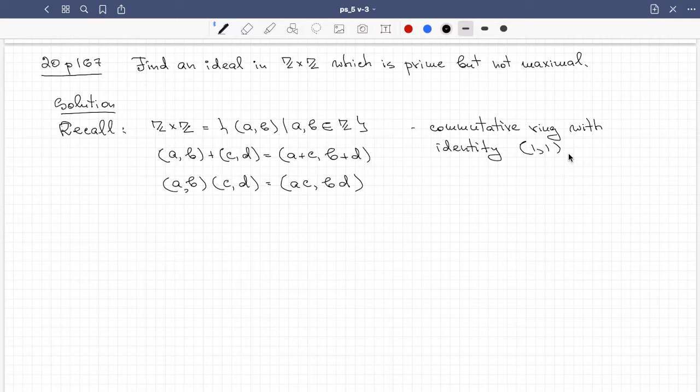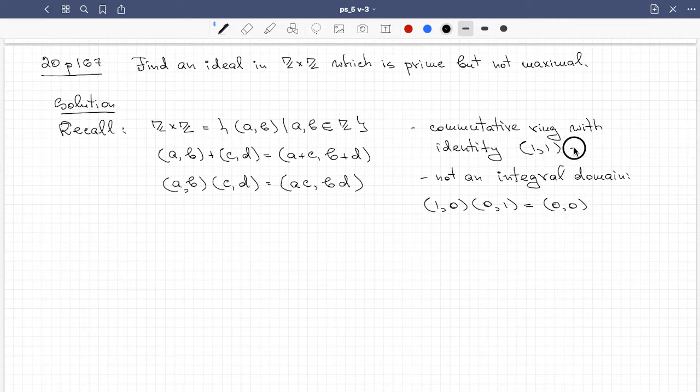And this ring is not an integral domain. We have that (1, 0), for example, times (0, 1), according to this rule, is (0, 0).